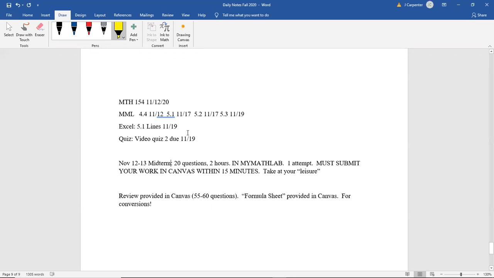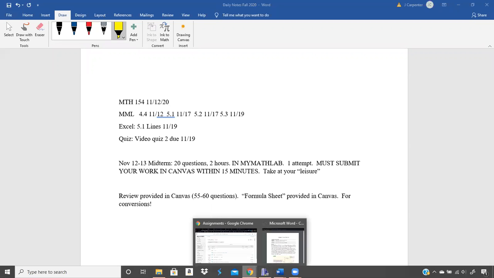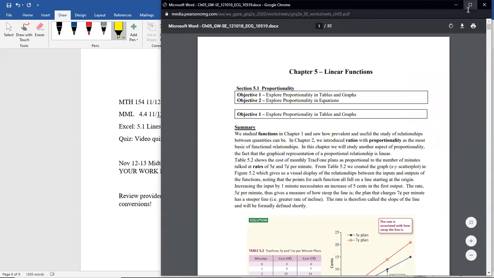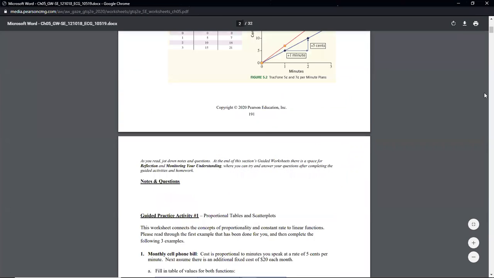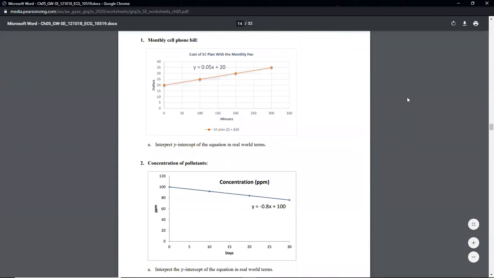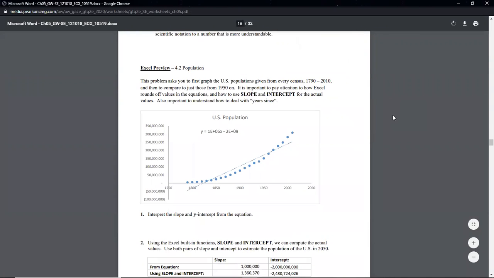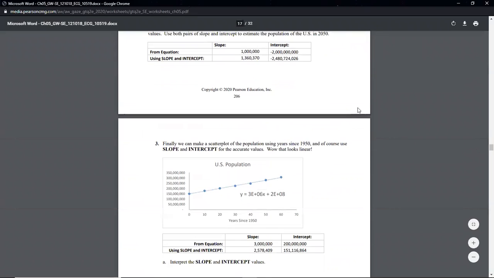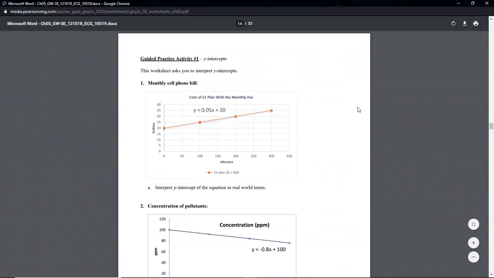All right. So last time we left off at the very end of 5.2, doing a guided activity. It's the intercept one, and it's page 204. That's too far. Here we go.